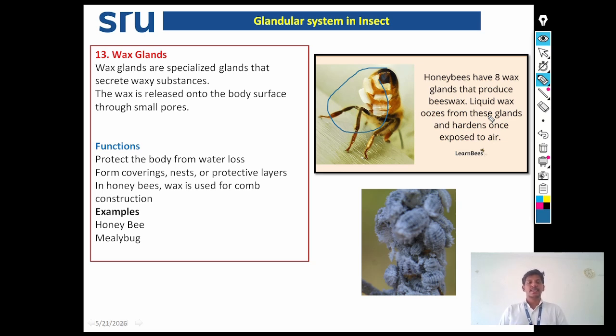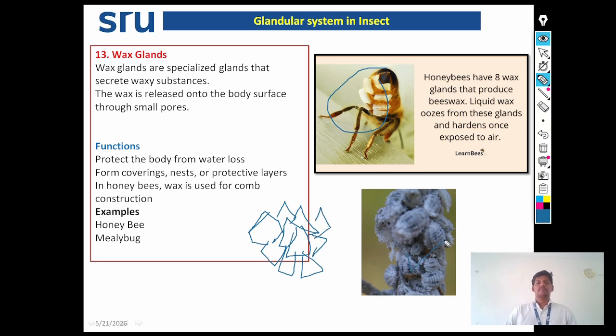That waxy secretion protects the body from water loss and forms coverings, nests or protective layers. In honeybees, wax is used for comb construction. These hexagonal cells are made using this wax only. So wax glands are generally seen in honeybees as well as in mealybugs.